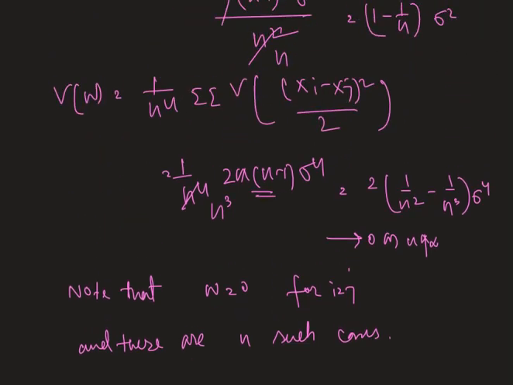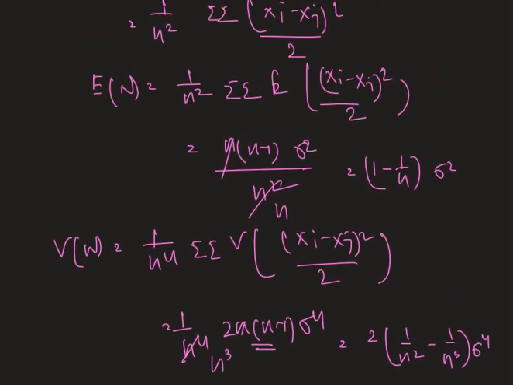Hence what we get is that W is a biased estimator of sigma square, but a consistent estimator.